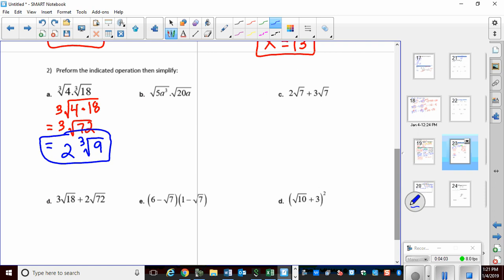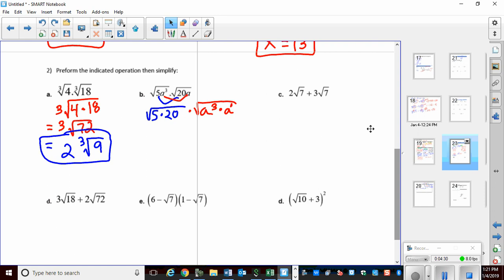For B, I'm going to multiply what's inside first. So that's going to give me 5 times 20, right? And I'm just going to go ahead and separate these out. And then a cubed times a times a cubed times a. And just put a little 1 there, right? And all you do with variables is you just count.